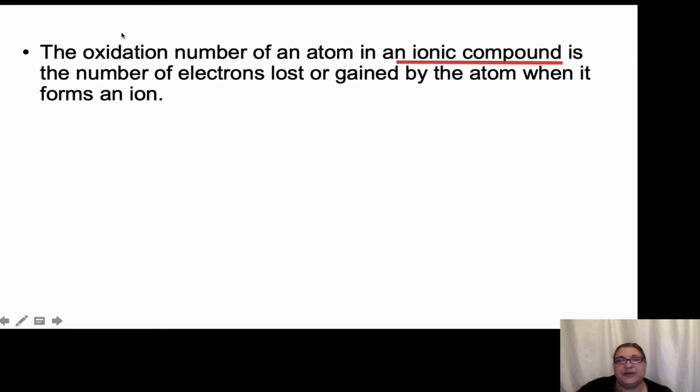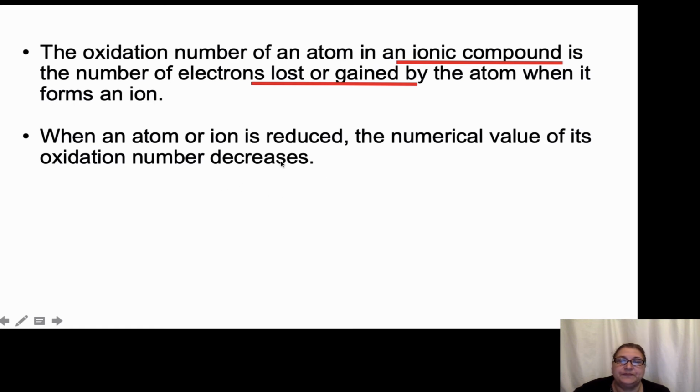Okay, so we remember the ionic compounds where it's a transfer of electrons. So that's the oxidation number of an atom in an ionic compound where there's loss and gain of electrons.